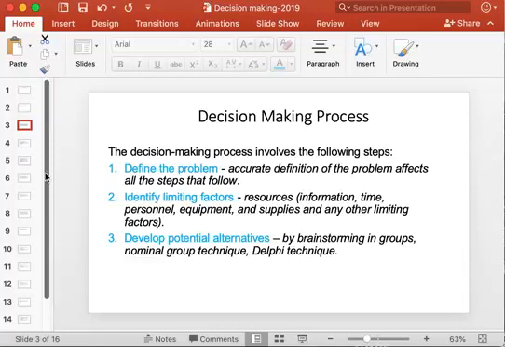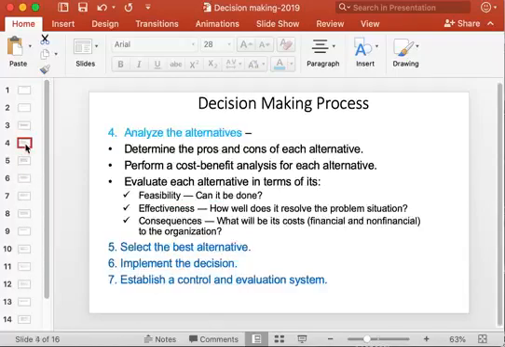Third step is to develop potential alternatives. For example, by brainstorming or maybe using nominal group technique or Delphi technique. Then after that, all the alternatives are analyzed in terms of their pros and cons, and then maybe a cost benefit analysis could be done.